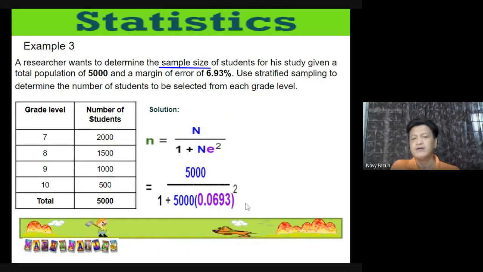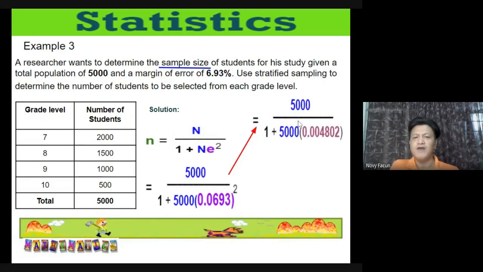Okay, kaya siya naging 0.0693. And then, you can now get the square. Square muna natin itong 0.0693. Okay. Ibig sabihin, multiply mo sa sarili niya. And then, that will become 5,000 divided by 1 plus 5,000 multiply natin sa, yung 5,000 do sa 0.004802.